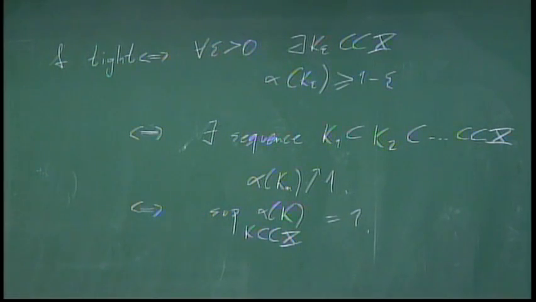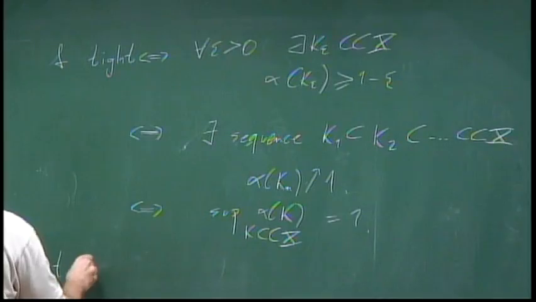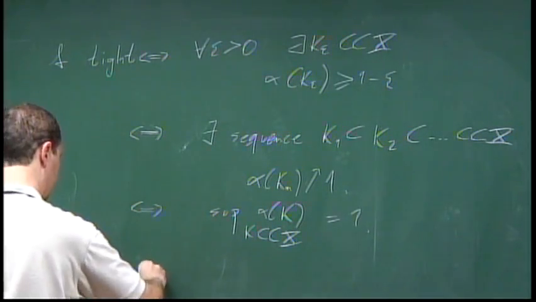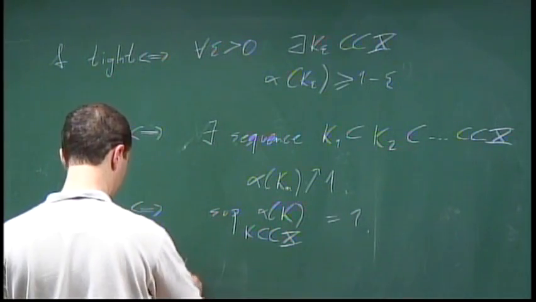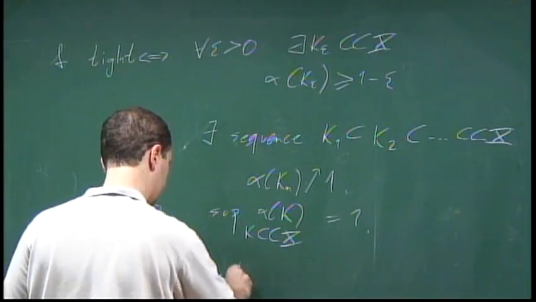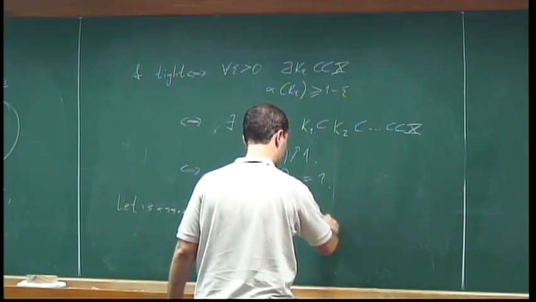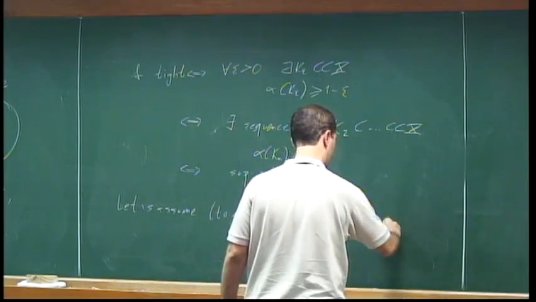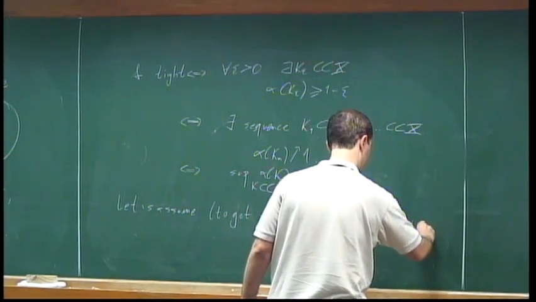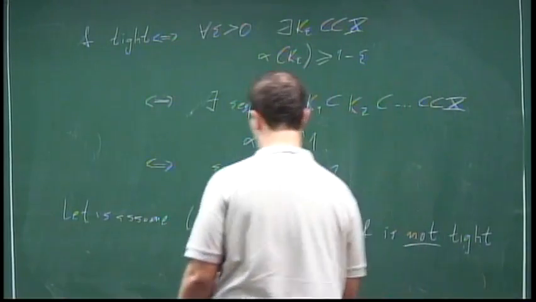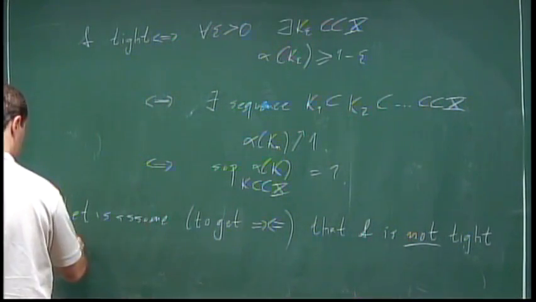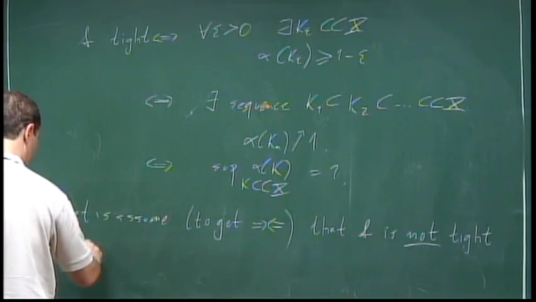Okay, so let's assume, to get a contradiction, that S is not tight but is relatively compact.